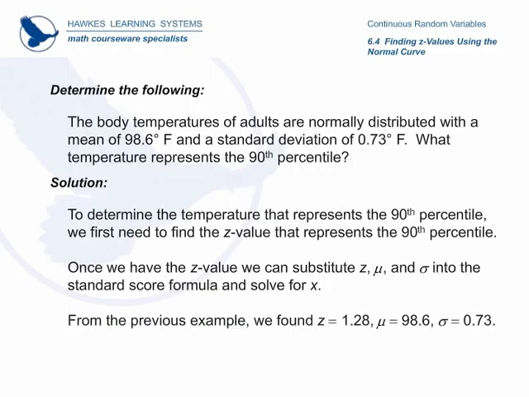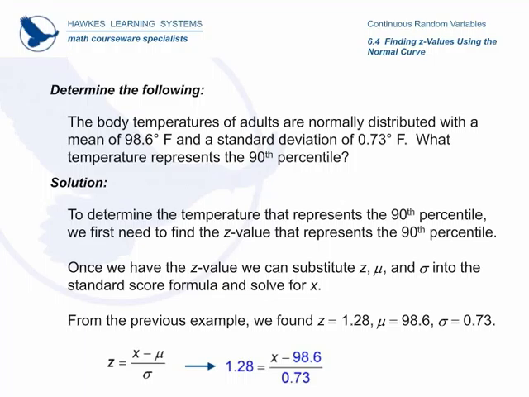Now from the previous example, we found z equals 1.28. Our mean equals 98.6, and our standard deviation equals 0.73. So we'll take our z-score formula and plug in our values.